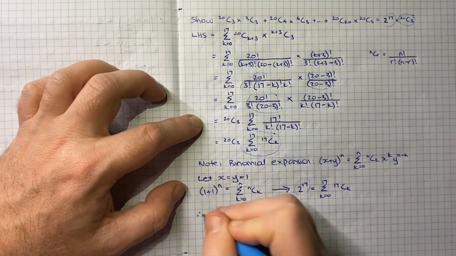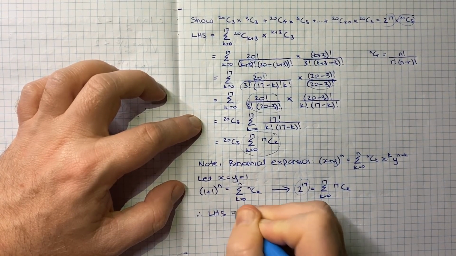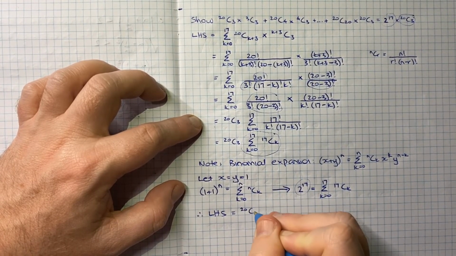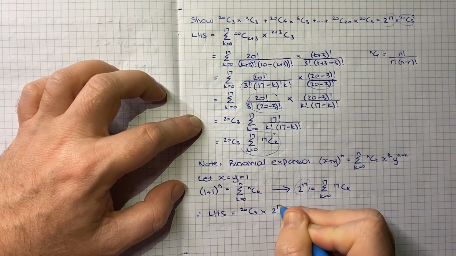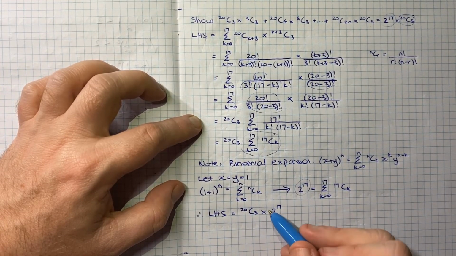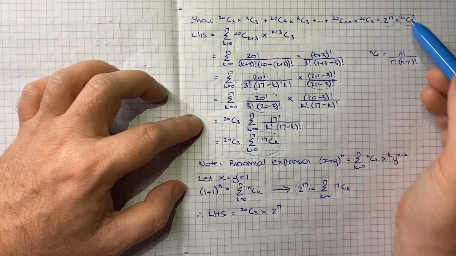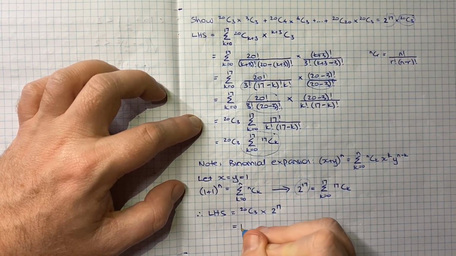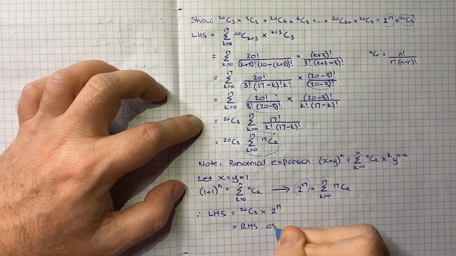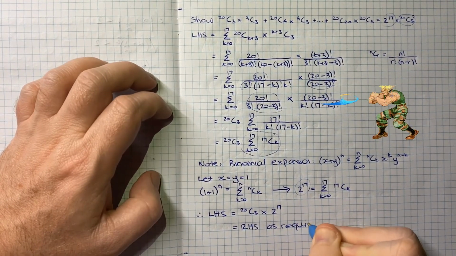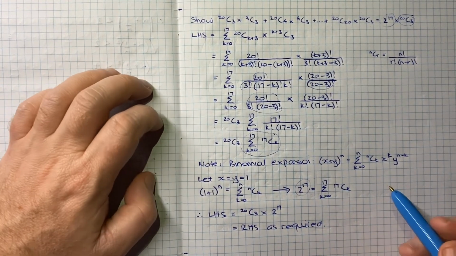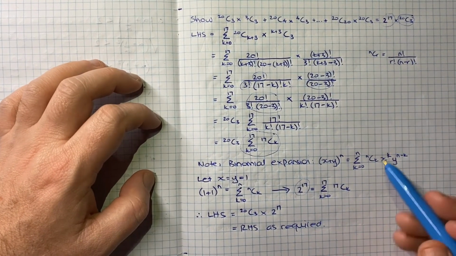So therefore, the left-hand side is equal to 20C3 times 2 to the 17. And even though the order is reversed, it doesn't matter because we're multiplying. So that is equal to the right-hand side as required. Sonic boom! All right, so that's how you can tackle that question.